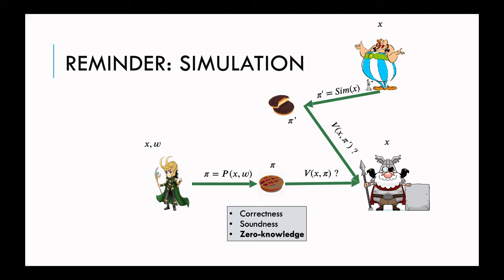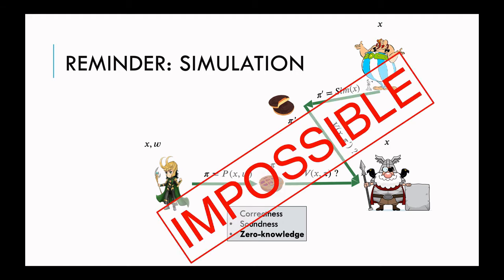If we can do that, then obviously nothing about the witness is revealed by the argument. Unfortunately, this is impossible, because if such a simulator existed, then a prover could generate a proof without knowing the witness. So, this situation is unfortunately impossible.